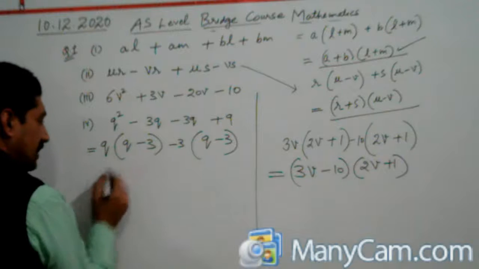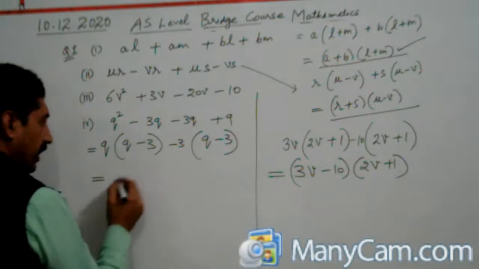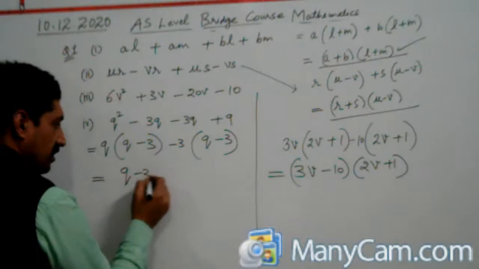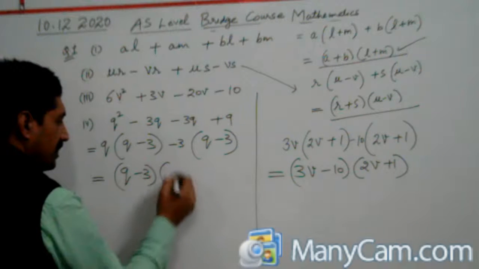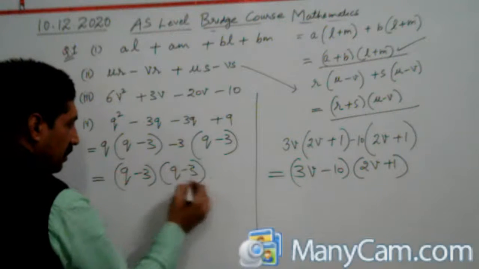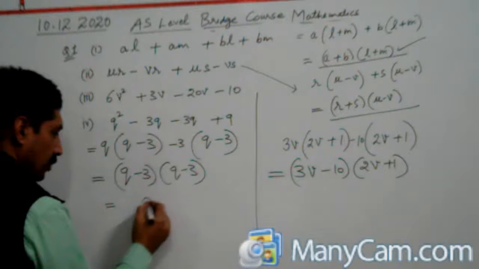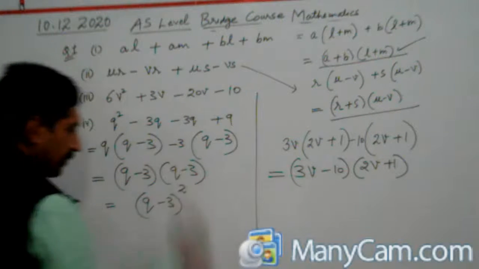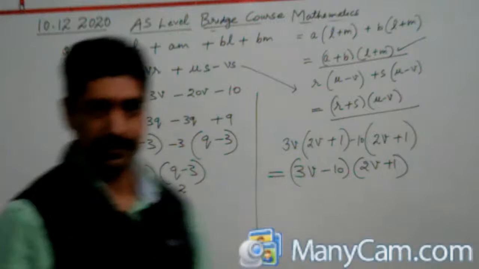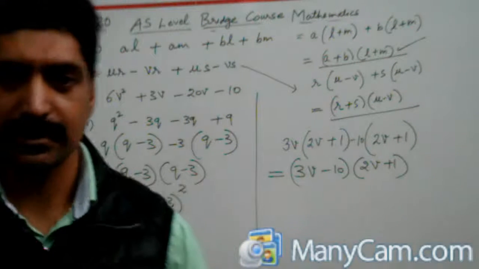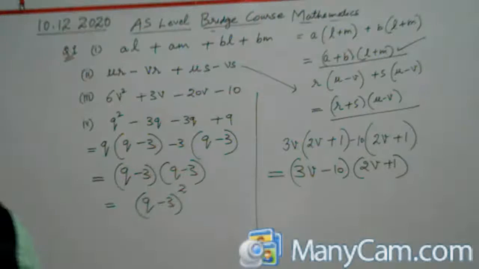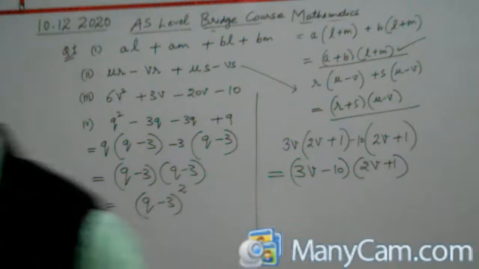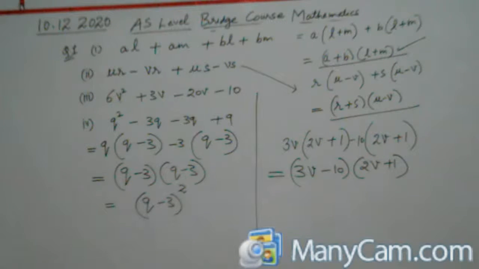So this implies that we have q minus 3 into q minus 3, which is written as q minus 3 whole square, right? This is the factorization. Let's take few more examples, in which you have to multiply the terms.